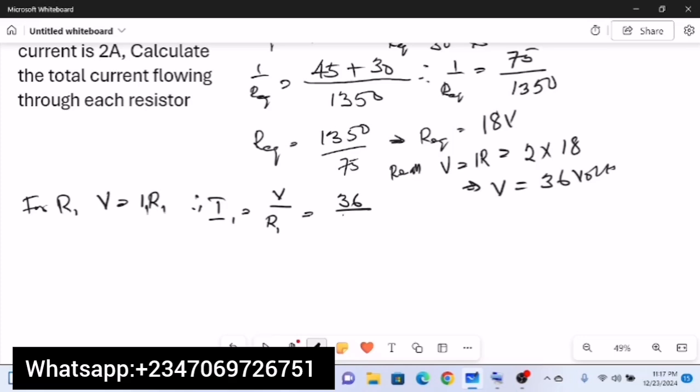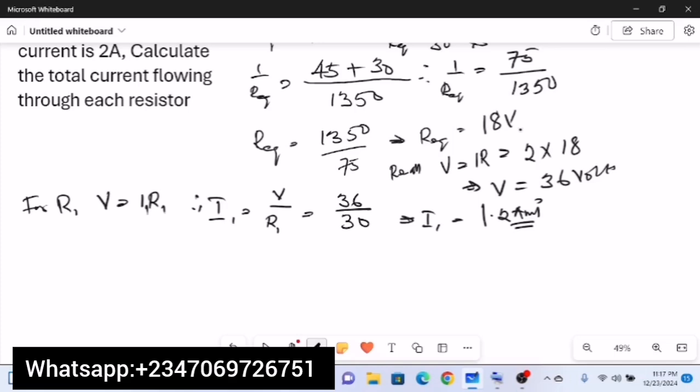This gives us the current flowing through R1. So I1 is equal to 1.2 amperes. So this is the current flowing through the first resistor.